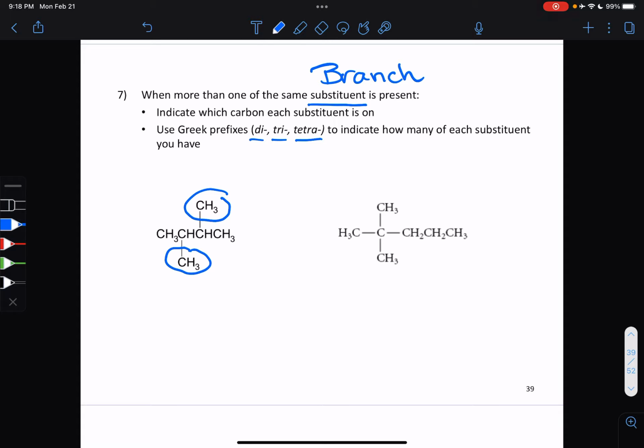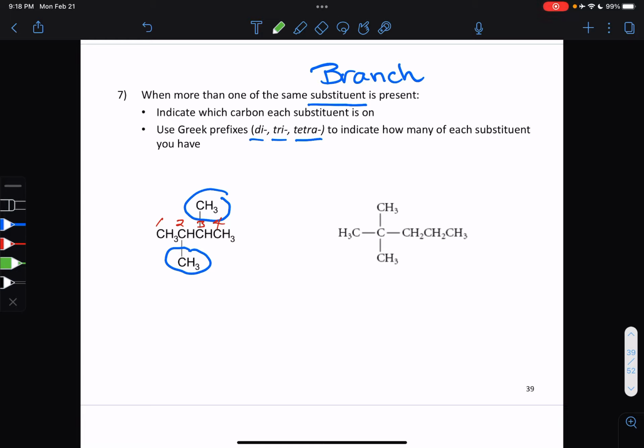And what we want to do is go through the rules that we learned in the last video, and we're going to look for the longest continuous chain. Most of the time, our brains are going to want to go left to right. So if we go 1, 2, 3, 4, like that, we're going to have a 4-carbon chain.